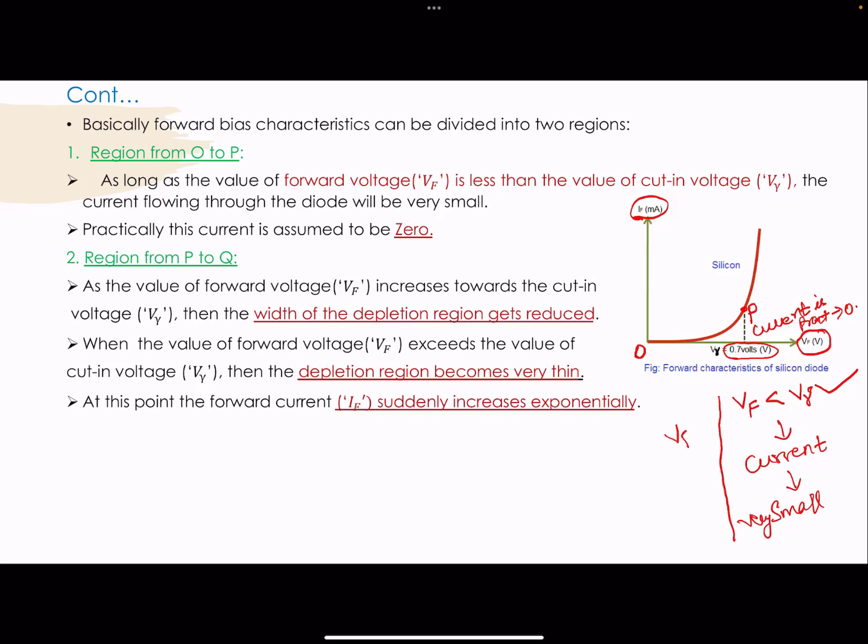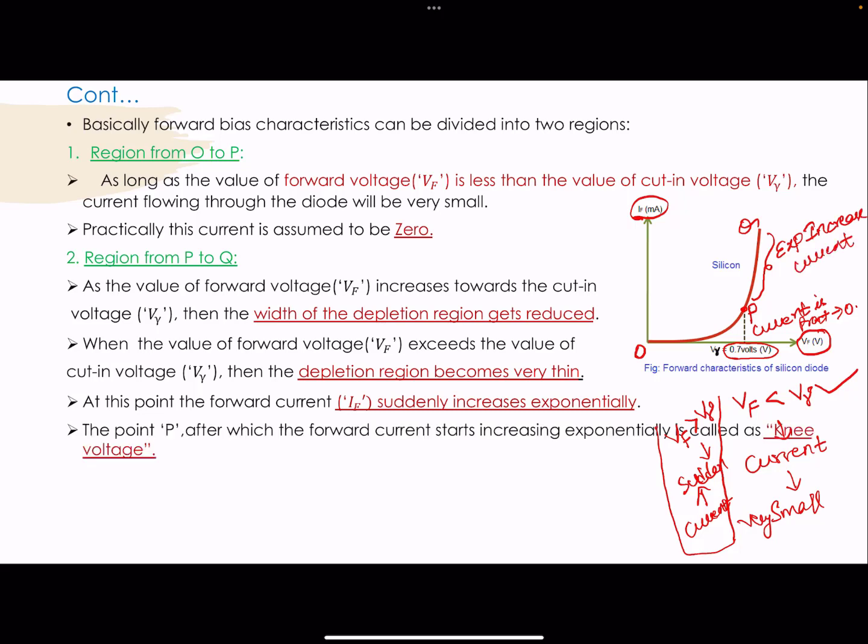So this is the exponential increase in the current, and this is the region from P to Q, where there is an exponential increase in the current across the PN junction diode. The point P, after which the forward current starts increasing exponentially, is called the knee voltage.